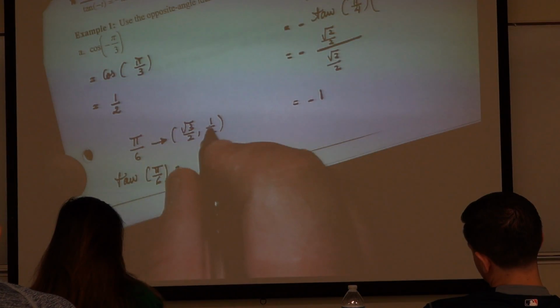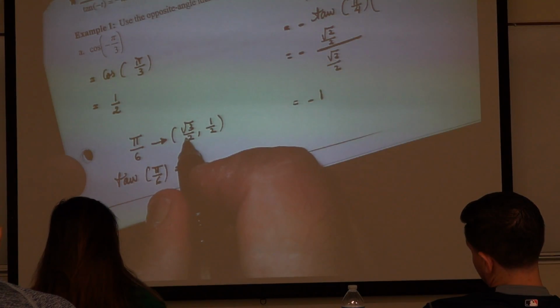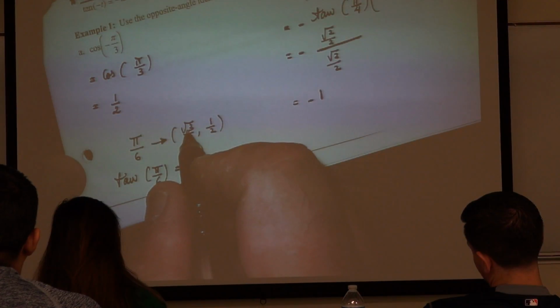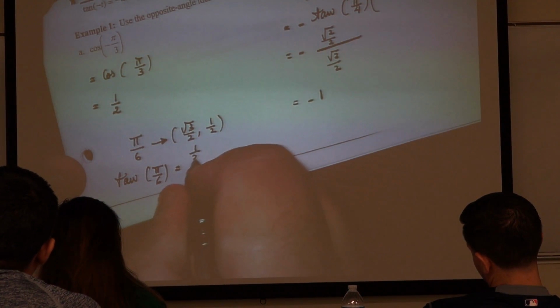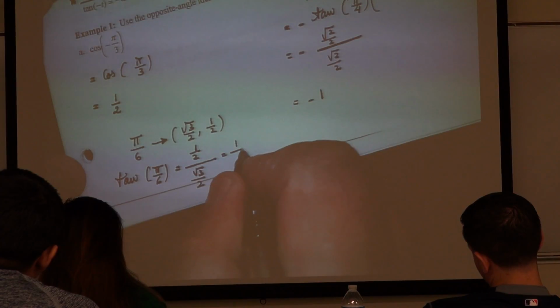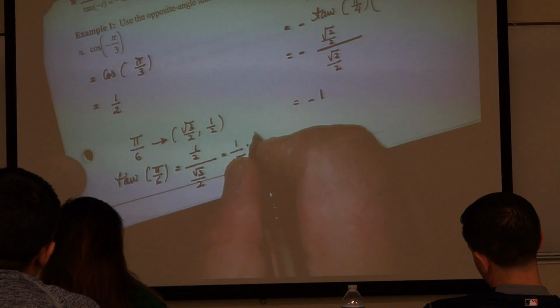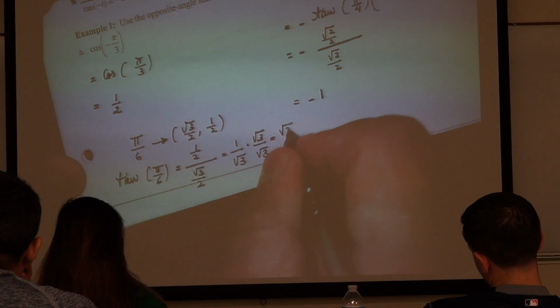So it really means 1/2 over square root of 3 over 2. But how are you going to do that fast? It just means 1 over square root of 3, because the 2s cancel. First I'll show it, because we don't have a lot of experience here. That means 1 over square root of 3, right? But you have to multiply by square root of 3 over square root of 3. So it'll be square root of 3 over 3.